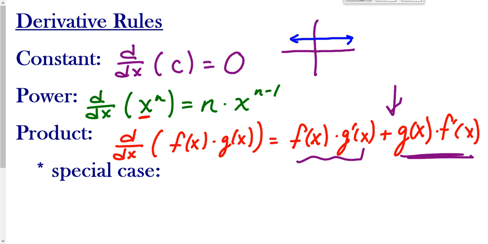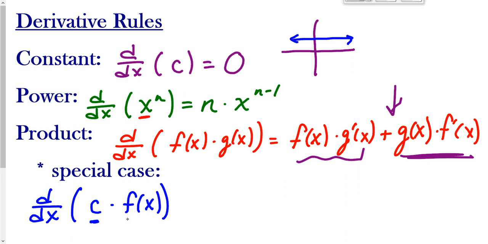The special case that I wanted to talk to you about is where you have a product, but one of the pieces of the product is a constant. So for example, in notation, if you have a constant and then a function that is not a constant. Okay, so this is like 5 and this is like x squared plus 17 or something.